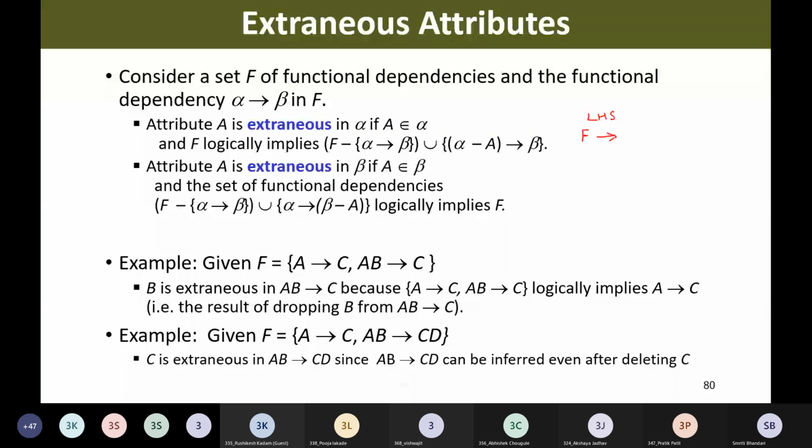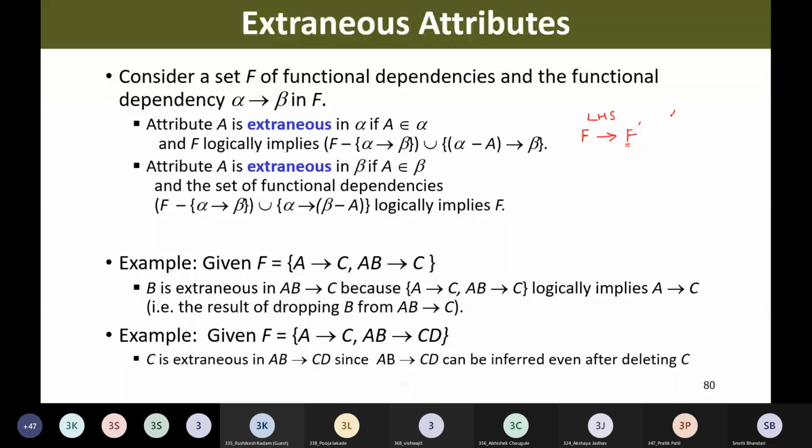And how am I going to find out this new set? I am testing for an extra attribute in a particular functional dependency alpha to beta. So simply I will omit the attribute under consideration from this functional dependency, right?